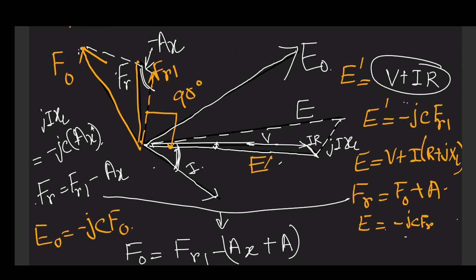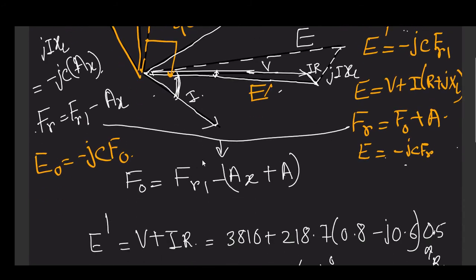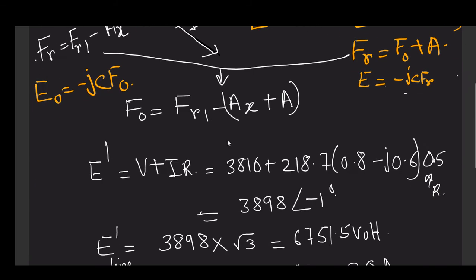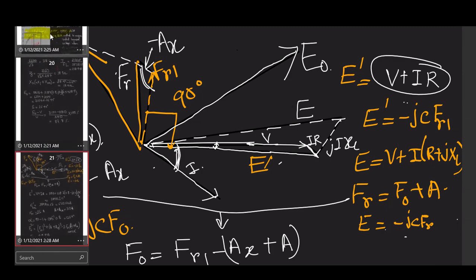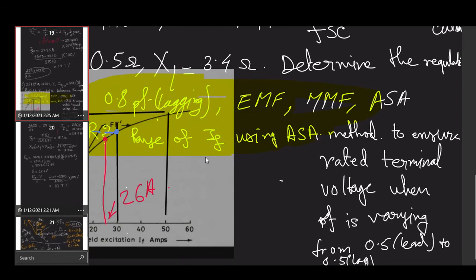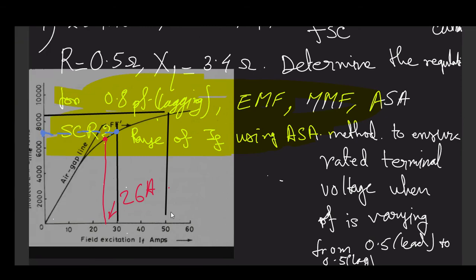Now see, while doing so, taking help of this graph, you are assuming that the transition here, the drop from F naught to this 26, is linear.